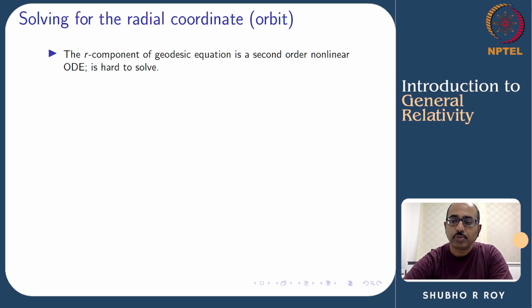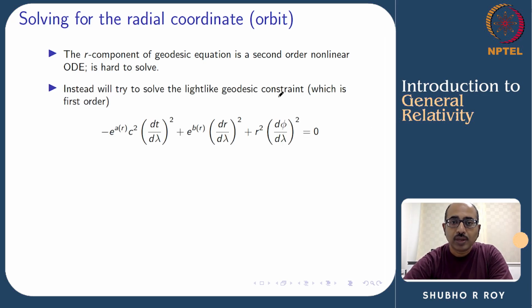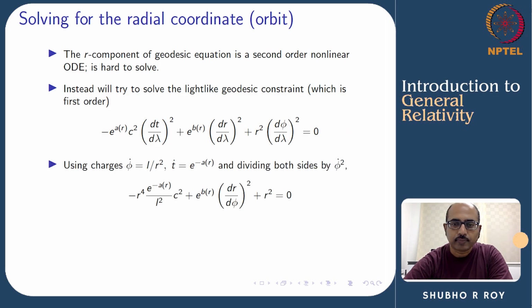So we will use the same trick we used for the Timelike geodesics, which is to use the Lightlike geodesic constraint, which is this equation, g mu nu x dot mu x dot nu equals 0. When you write it explicitly, plugging in the metric, you get this condition. So this is first order. First order equations are solvable in many cases.